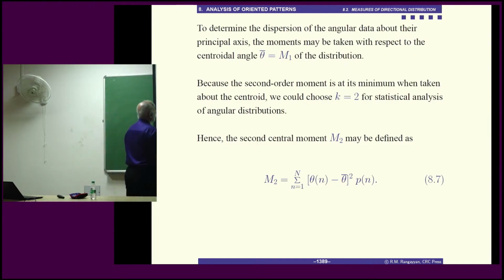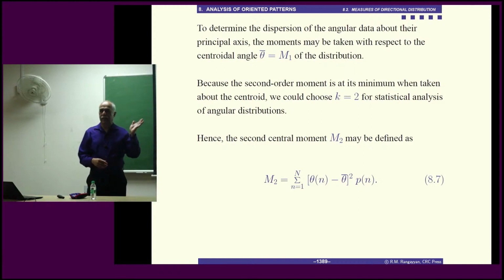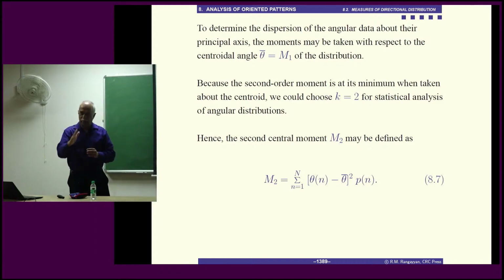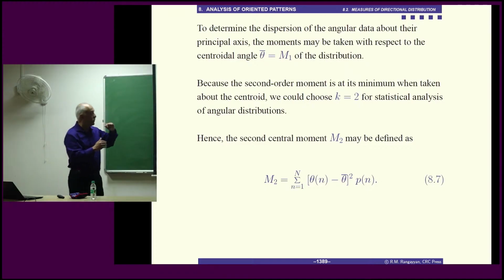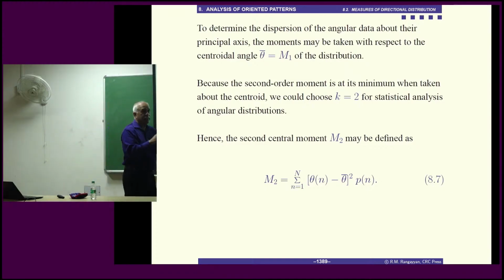And then, in most cases, you would want the principal axis, so take the average. That will give you the main axis of concentration of energy in that probability density function if it has been normalized. You are also interested in the dispersion. Is it concentrated only in one angle, or is there some spread around that angle, or is it spread all over?